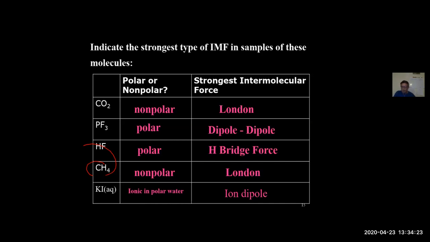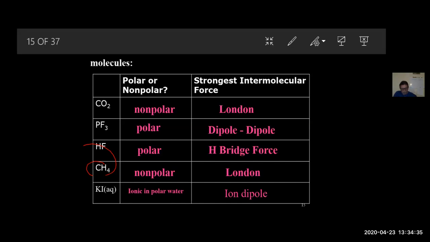If you do not have that scenario, then it's dipole-dipole. If you do have that scenario, then it's hydrogen bonding or hydrogen bridging force, okay? And with respect to the last one, the moment you see an ionic compound with the state of aqueous, automatically ion dipole interaction. Okay.